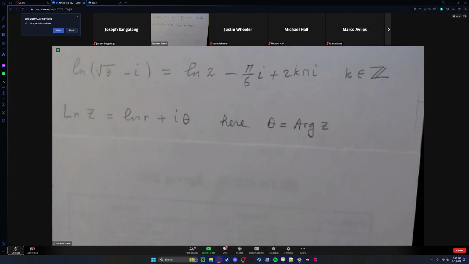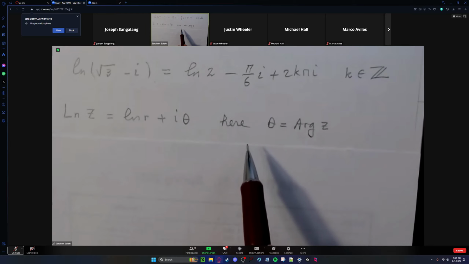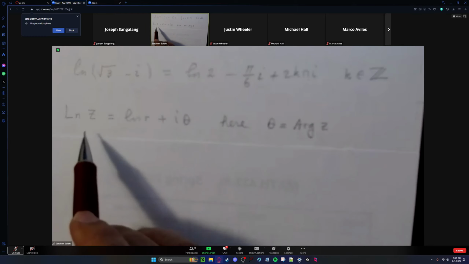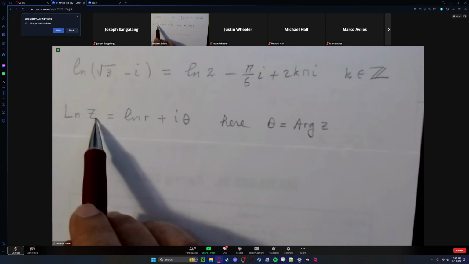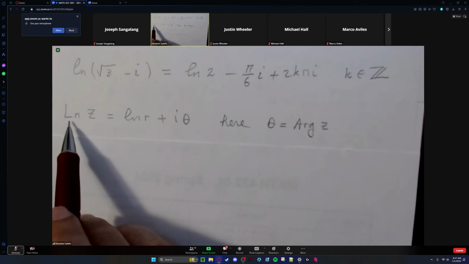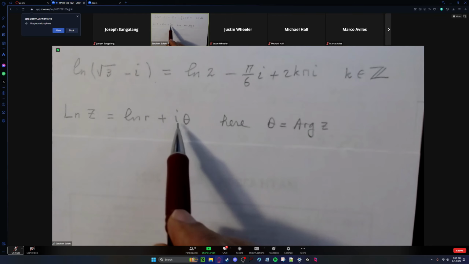So we need a single-valued function to talk about its derivative, all right? And the single-valued function here would be the principal branch. So the principal branch is this: if z is re^(iθ), Log of z is natural log of r plus iθ.